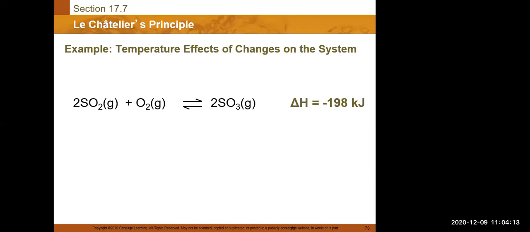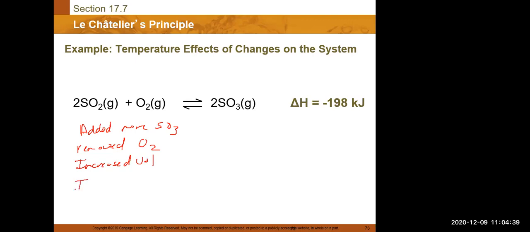Take a second to decide what would happen if we added more SO3. We removed O2. Let's go with increasing the volume.